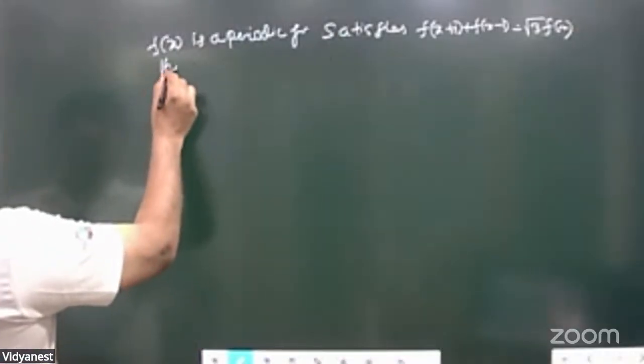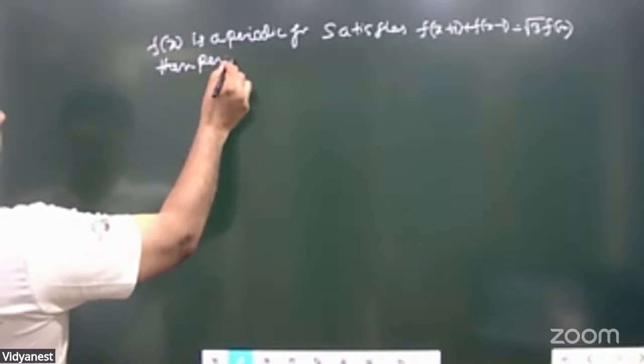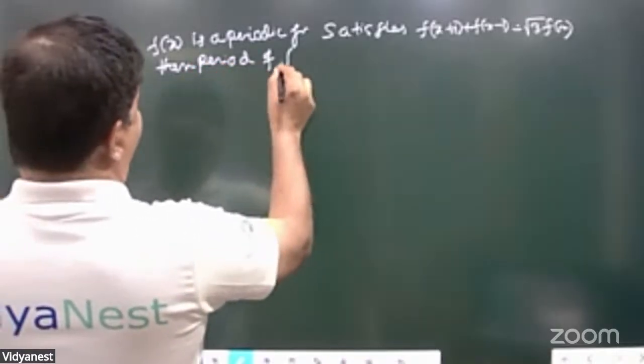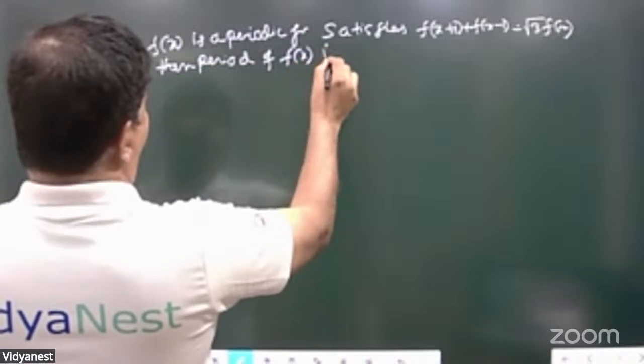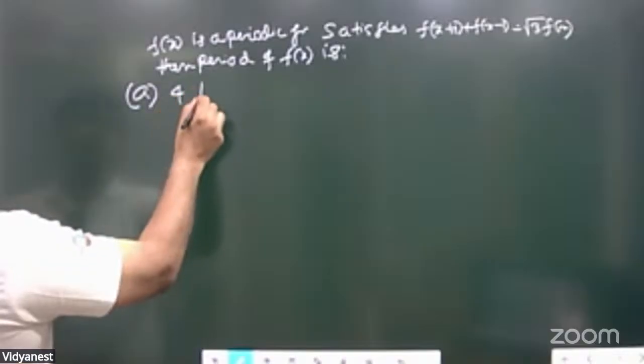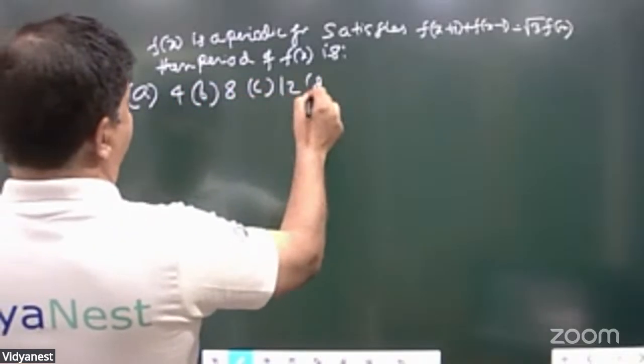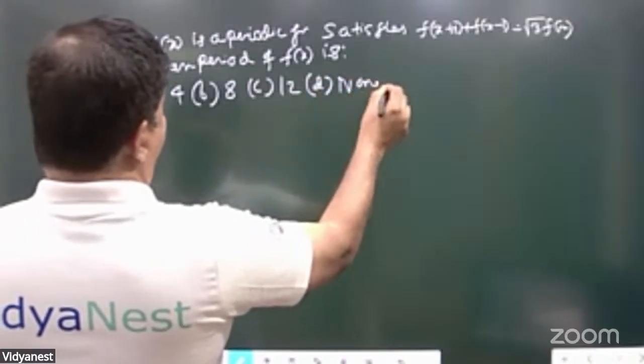Then the period of f(x) is what? Option A 4, 8, 12, none of these.